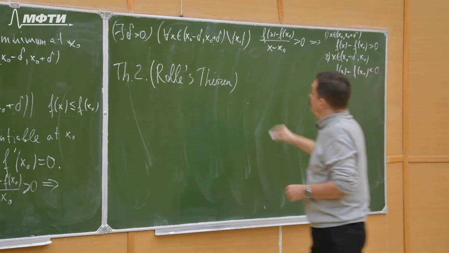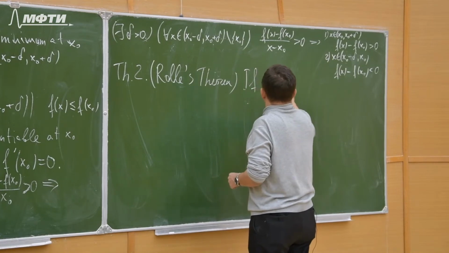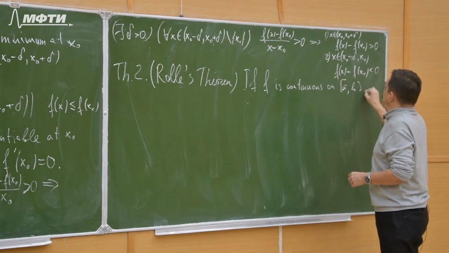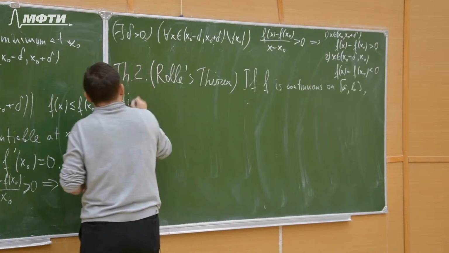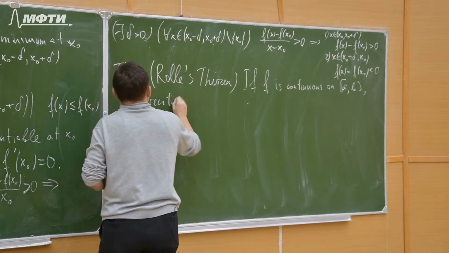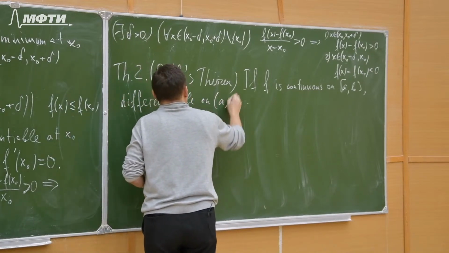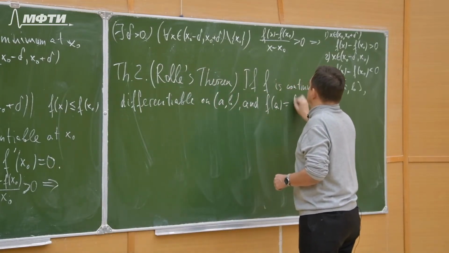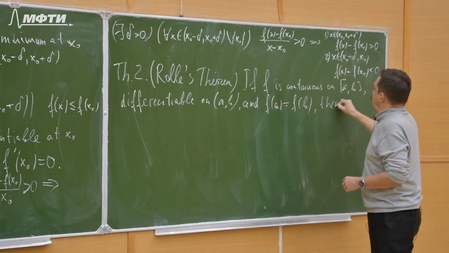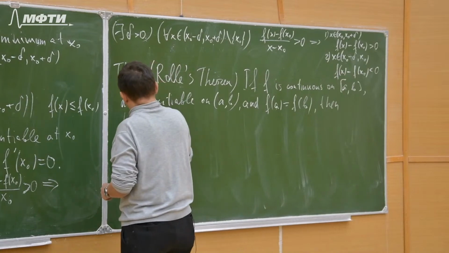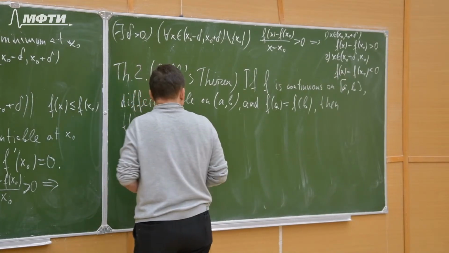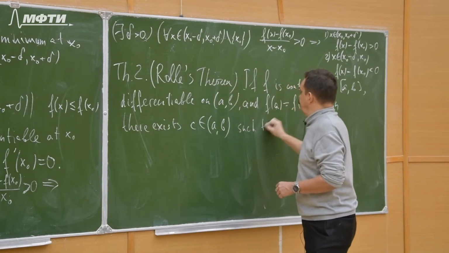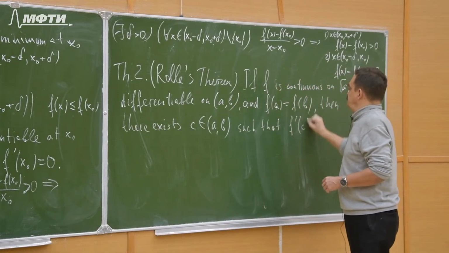So if f is continuous on the closed segment AB, differentiable on the open interval AB, and f of A equals f of B, then there exists C in AB such that f prime at C equals 0.